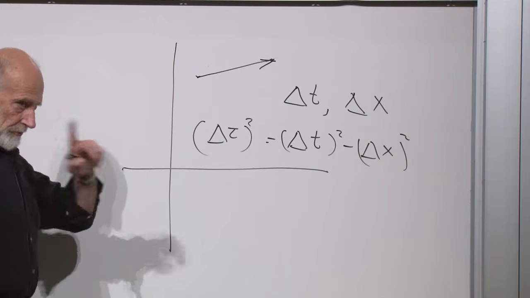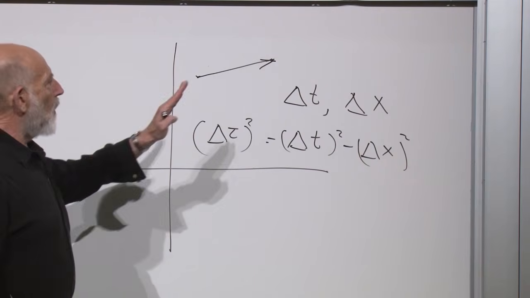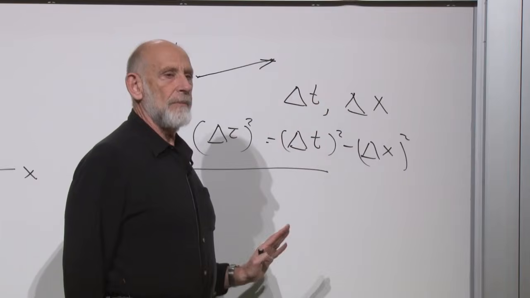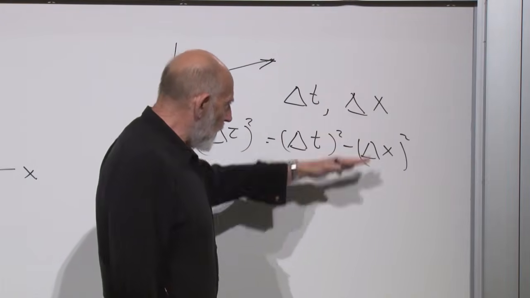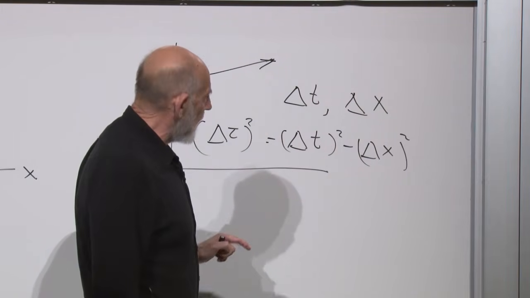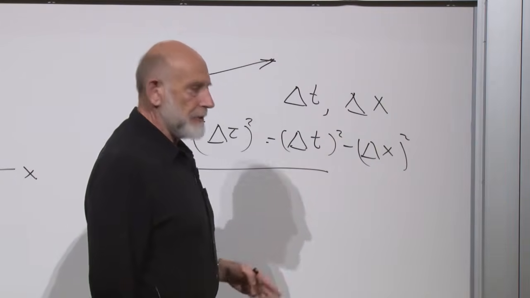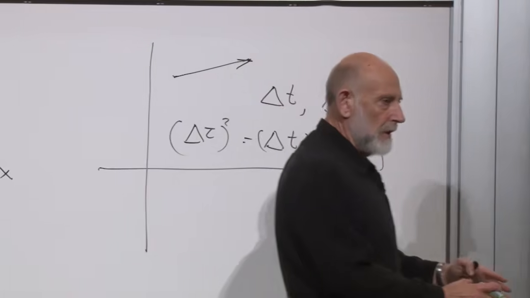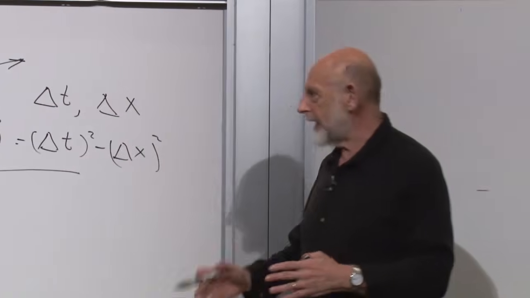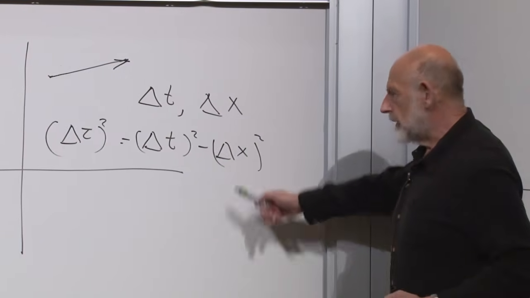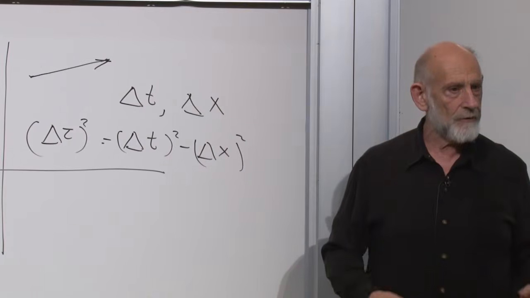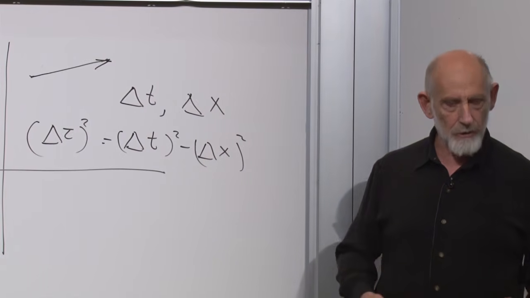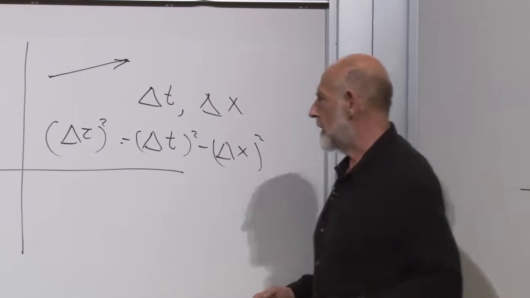Incidentally, I should say right now, when I'm thinking about four-dimensional space-time, 3 coordinates of space, 1 coordinate of time, what delta x stands for is the 3 components of the vector delta x, and delta x squared means the sum of the squares of those 3 components, delta x squared plus delta y squared plus delta z squared.